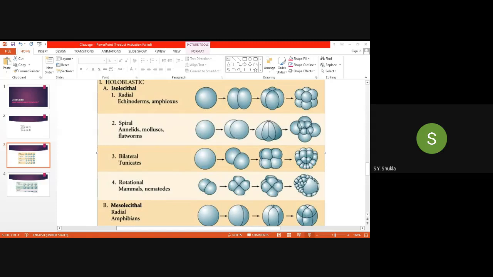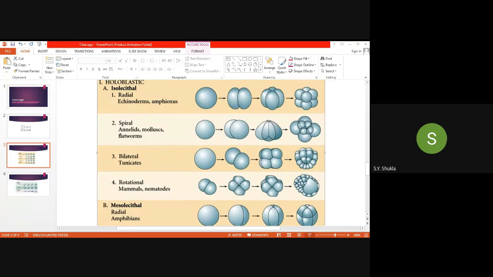Isolecithal cleavages are of four types, and mesolecithal cleavage of one type, generally seen in amphibians, and we are going to study it in detail in the frog. When we study frog development, we will study this also.